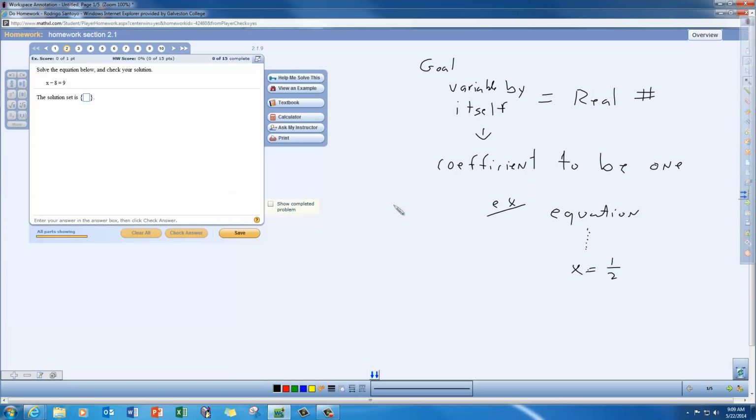Now, using the addition property here consists of either adding or subtracting variable terms or constants.